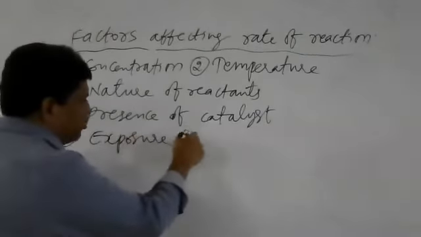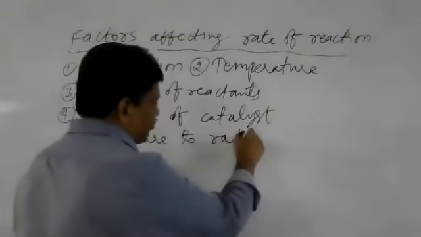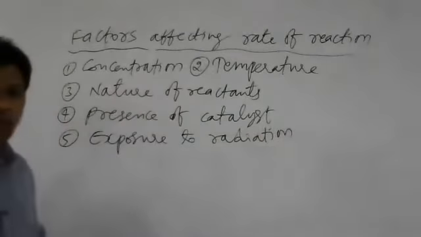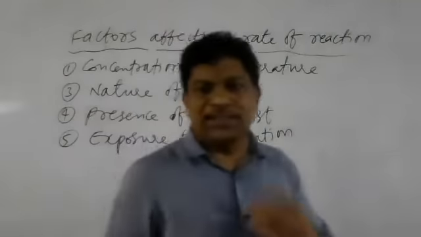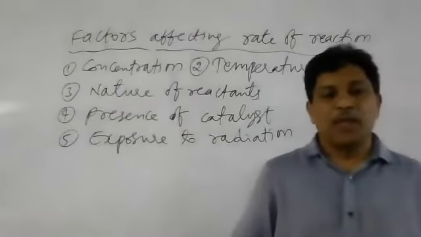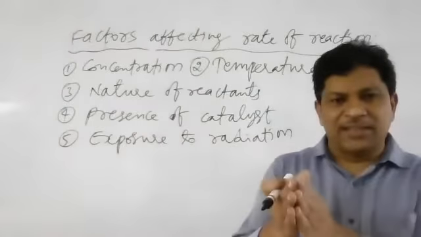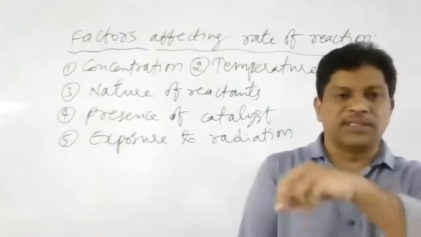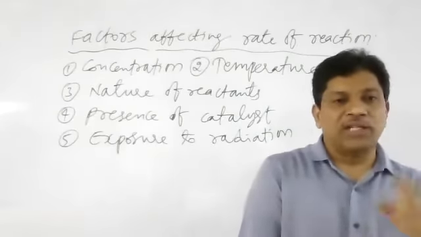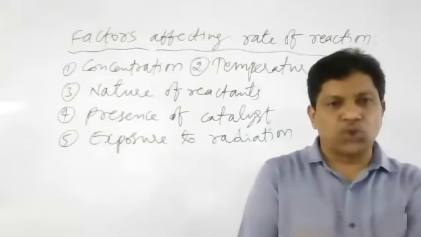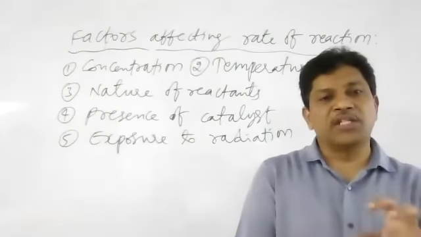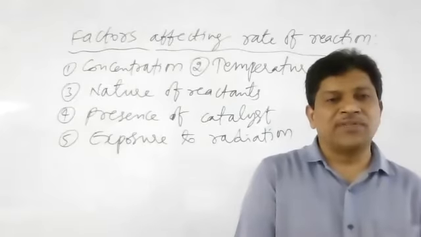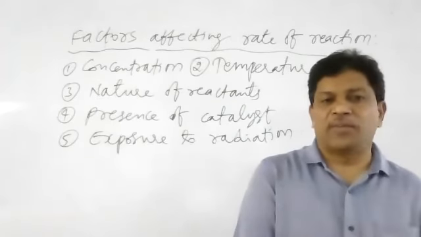Exposure to radiation, meaning what? Suppose we take H2 and Cl2, hydrogen and chlorine. When you mix hydrogen and chlorine and expose to radiation, when light, electromagnetic radiation, falls on the reaction mixture of H2 and Cl2, the reaction becomes very fast. In the absence of sunlight, some reactions will not take place.